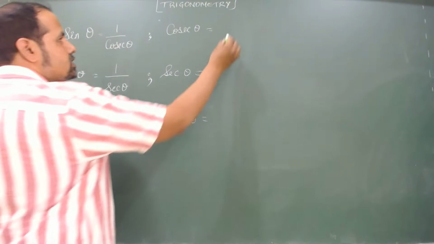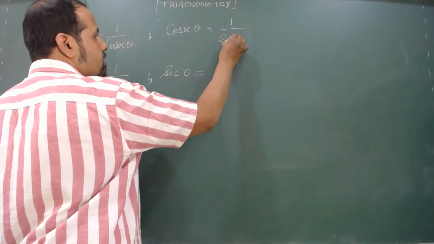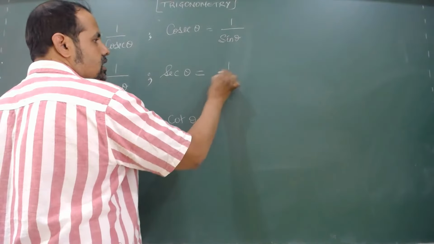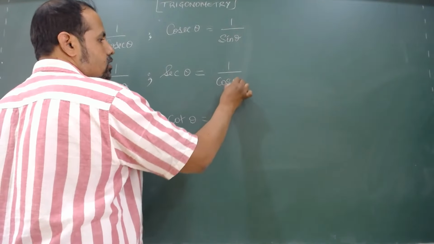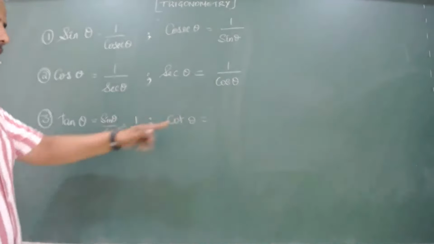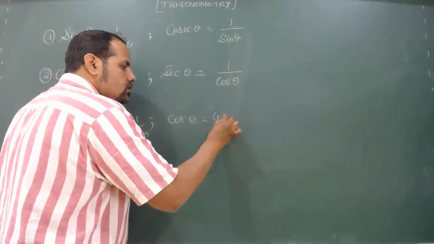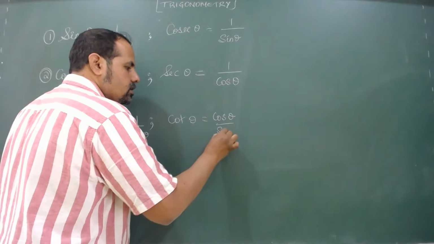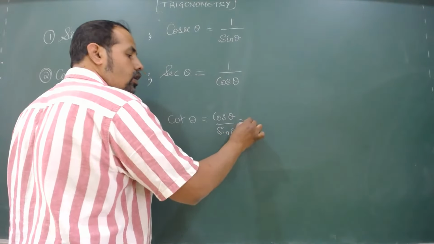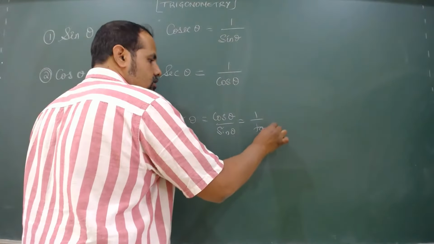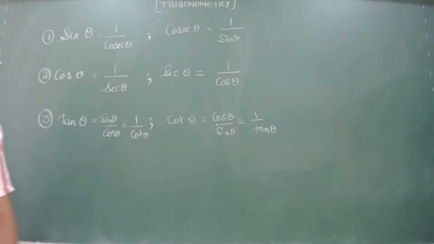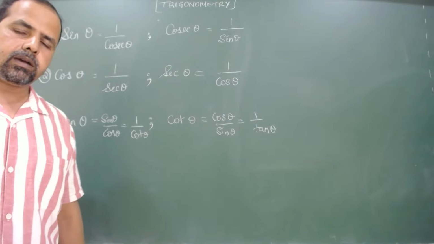Same way, cosec can be written as 1 by sin theta. Sec can be written as 1 by cos theta. Cot can be written as cos theta by sin theta, or it can even be written as 1 by tan theta.